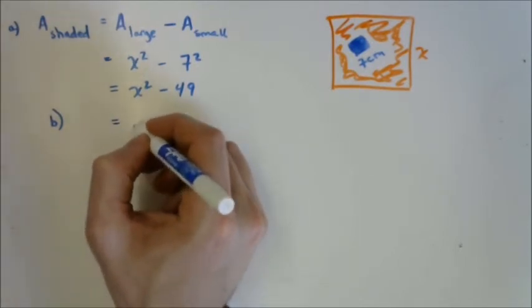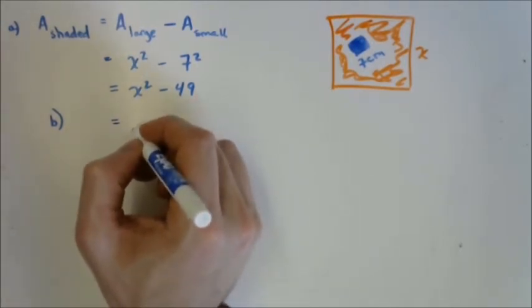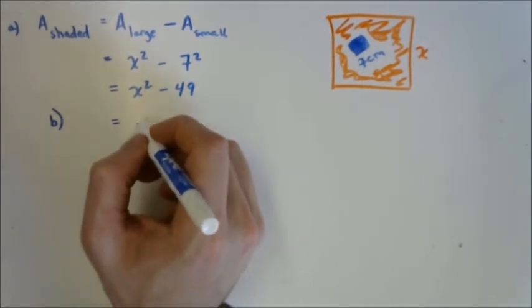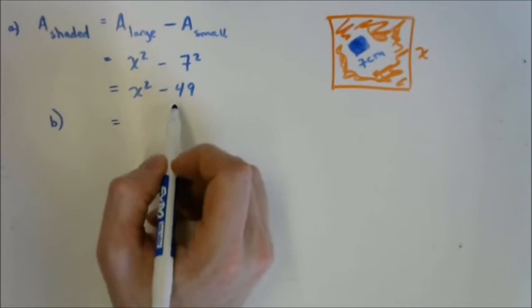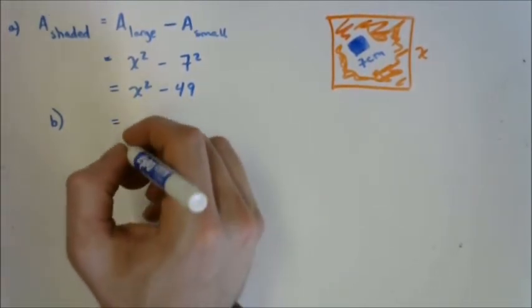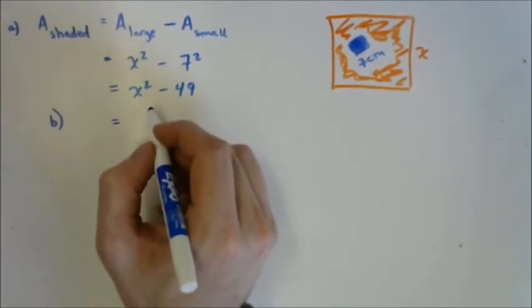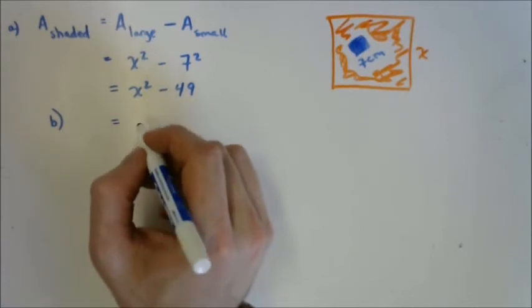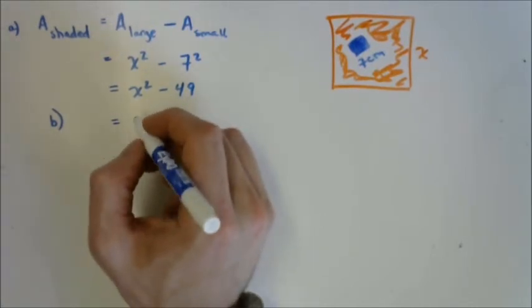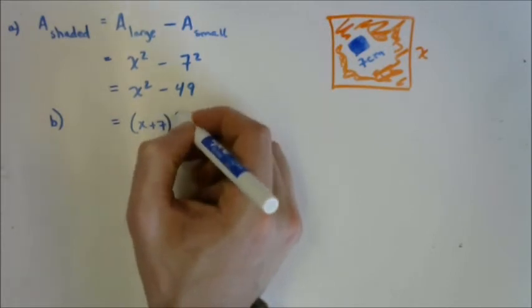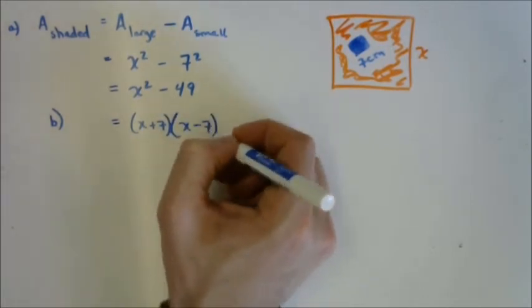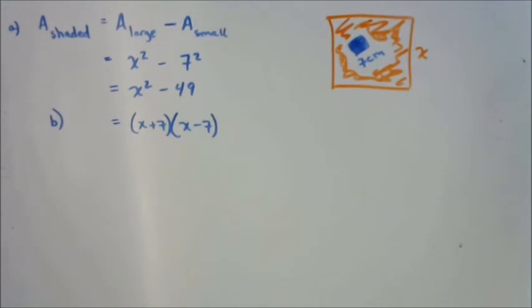Nice, Pythagorean theorem. A squared plus b squared equals c squared. Here we have a squared minus b squared. So not quite the same thing, but this reduces to a sum and a product. So the product of a sum and difference. So this is x plus 7 times x minus 7. Hopefully it looks a bit familiar to you now that you're seeing it.